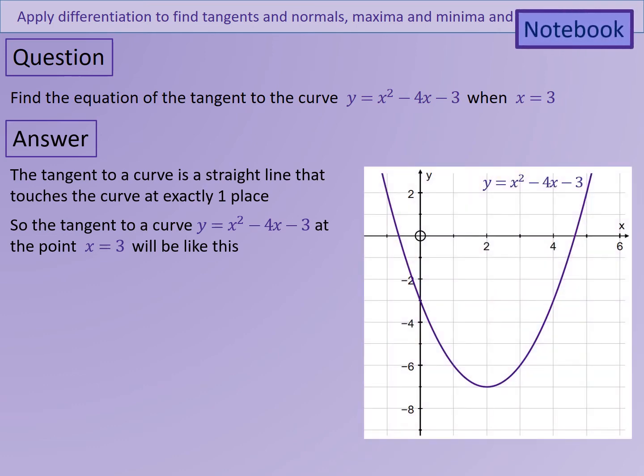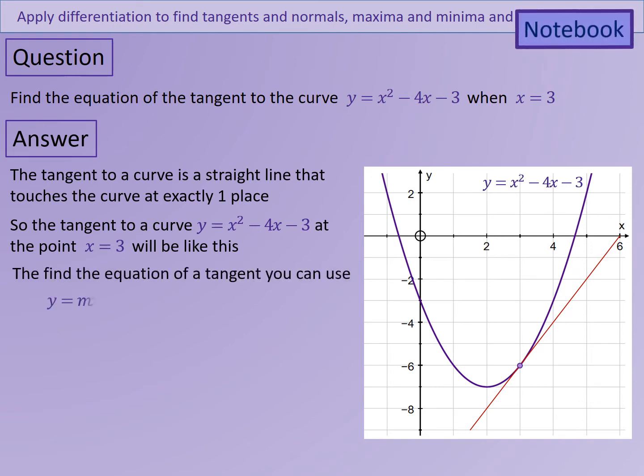You wouldn't have to draw this quadratic when it came to the question. This is just for demonstration purposes. Here is x equals 3. This is the point at which I am interested. And here the red line shows the tangent line at that particular point. It is this red line that I am being asked to find the equation of.